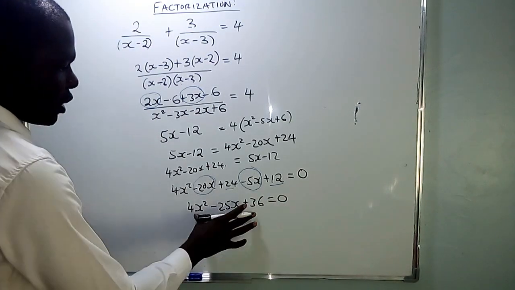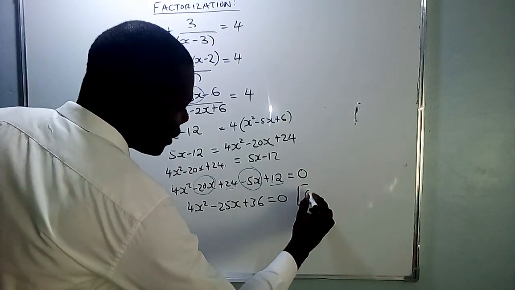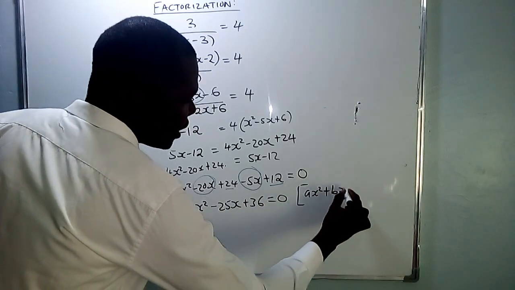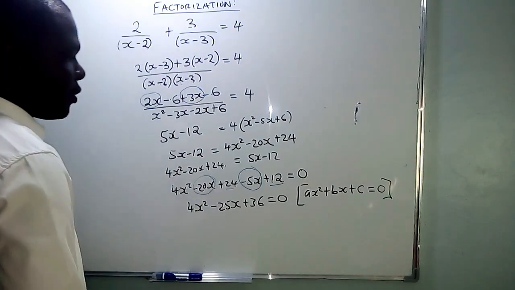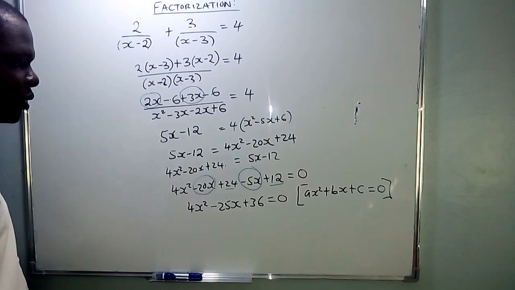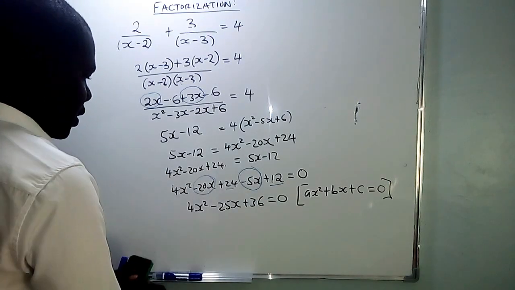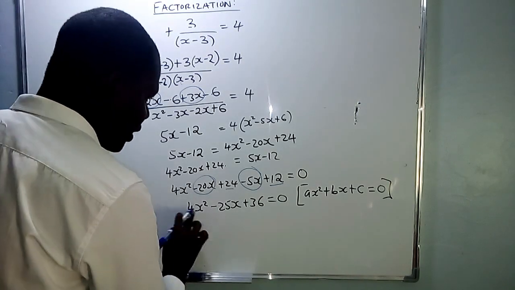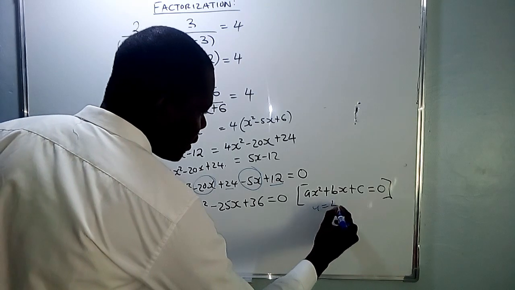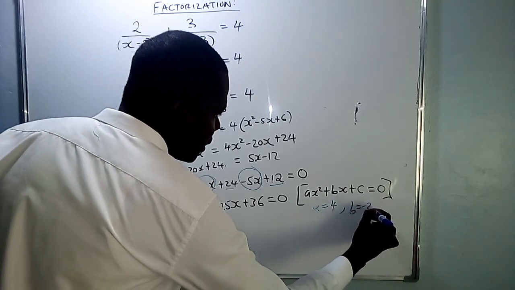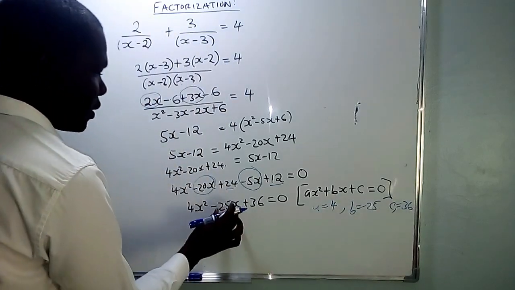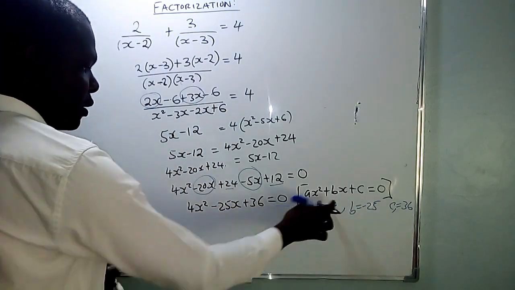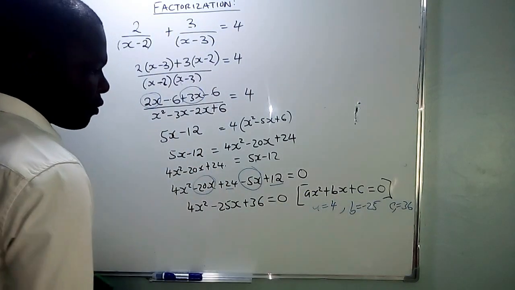It is a standard quadratic equation in the form ax squared plus bx plus c is equal to 0. Having done that, you now let a be 4, b be negative 25, and c be 36. With the factorization method, we want numbers whose product is always a times c, isn't it?